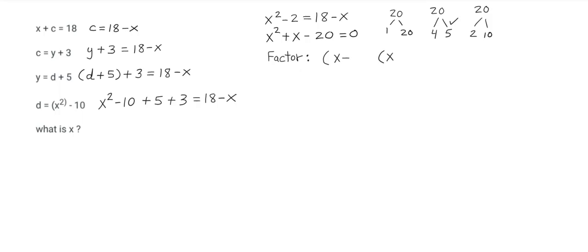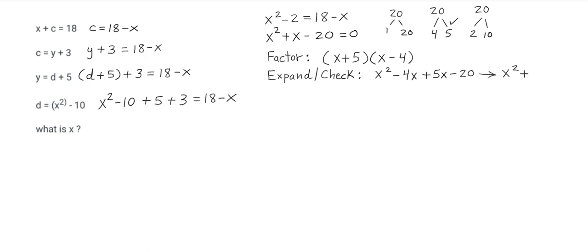So if we add 5, subtract 4, and then factor this out, we can take x times x, x squared, minus 4x plus 5x, and then positive 5 times negative 4 is negative 20. So when we simplify it, we get x squared plus x minus 20. And so that is the correct factorization.